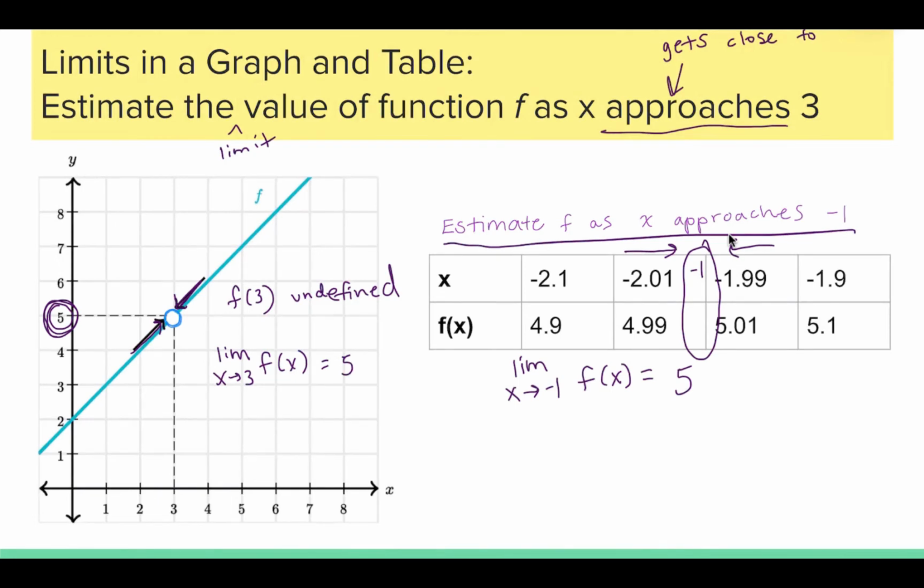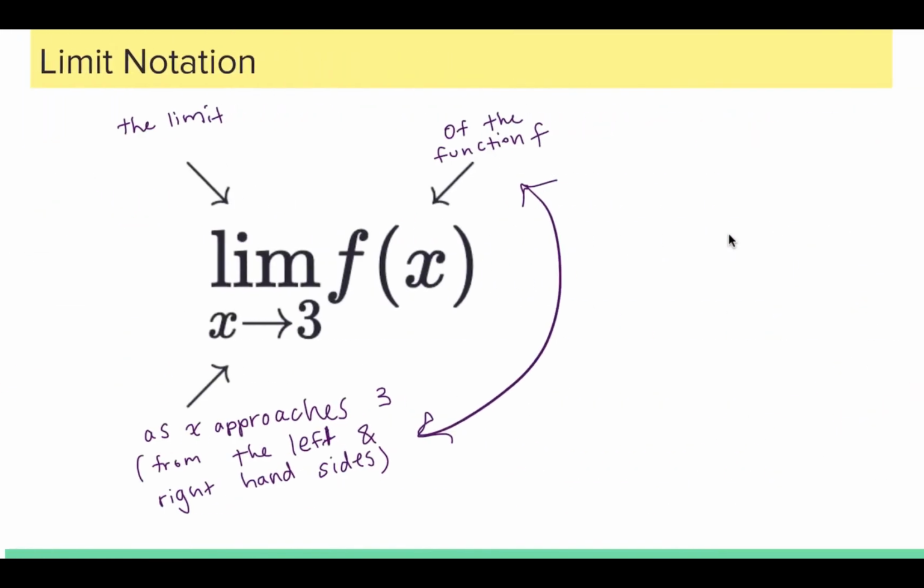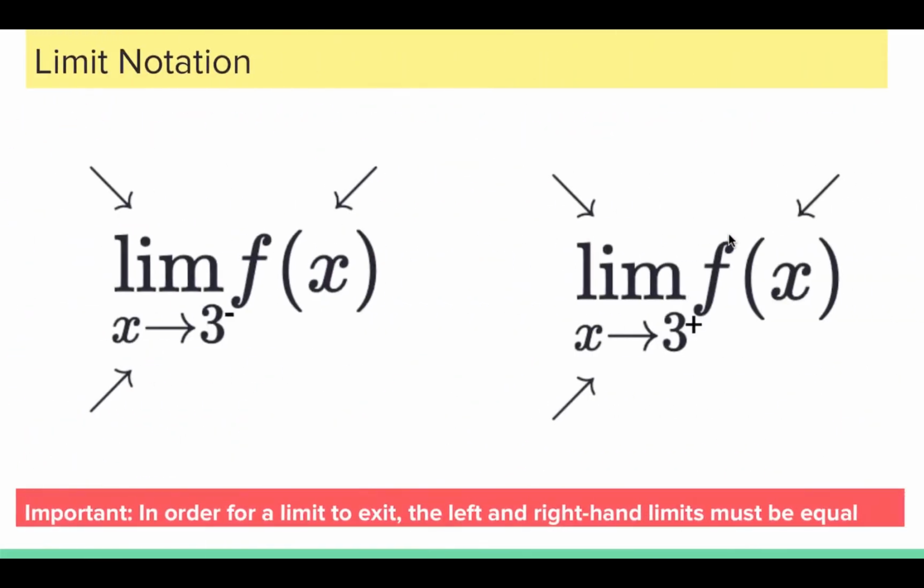Left just means numbers smaller, and the right hand side means bigger numbers. Okay? I can, however, choose to look from just the left or the right. That's where these little pluses and minuses come in.